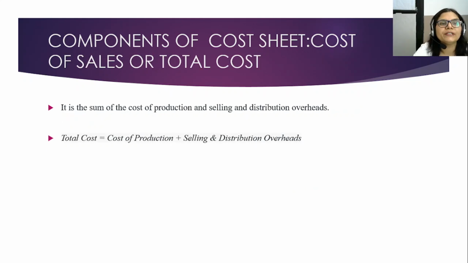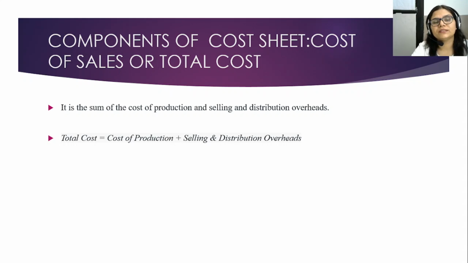Next component of cost sheet is cost of sales or total cost. Cost of sales or total cost is equal to cost of production plus selling and distribution overheads. Selling and distribution overheads are the expenses which are incurred on the marketing, selling and distribution of the product.